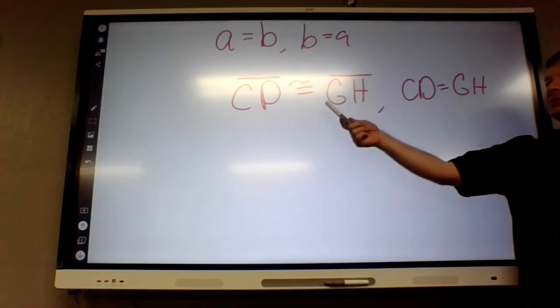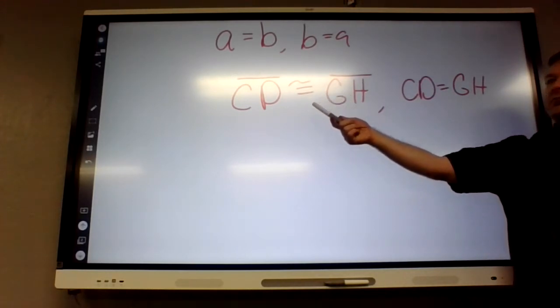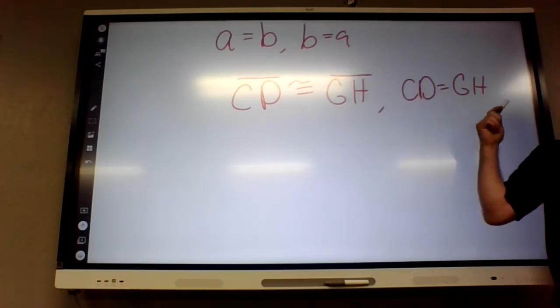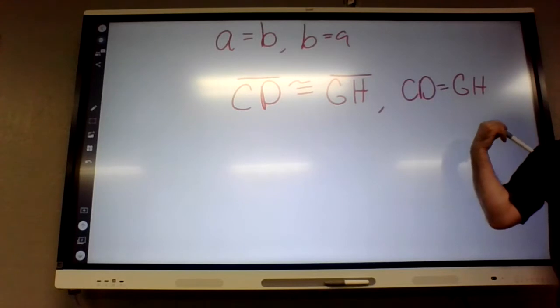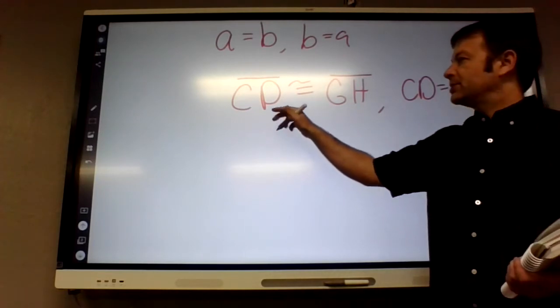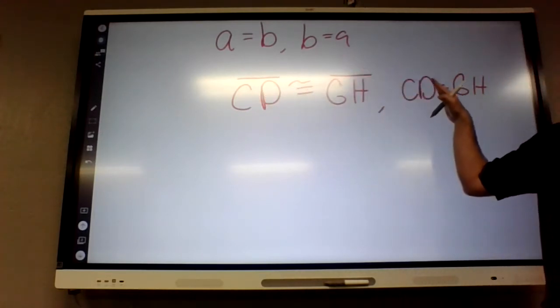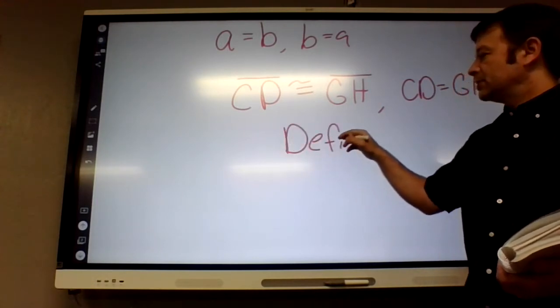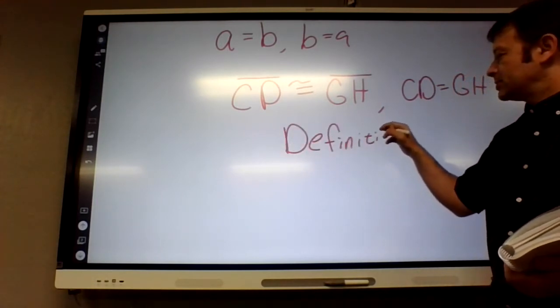One's congruent, one isn't. This is talking about the segments themselves being the same, and this is talking about the length of the segments being equal. You guys remember what this one was? Congruent something. Yes. If the segments are congruent, their lengths are equal. That is the definition of congruent segments.